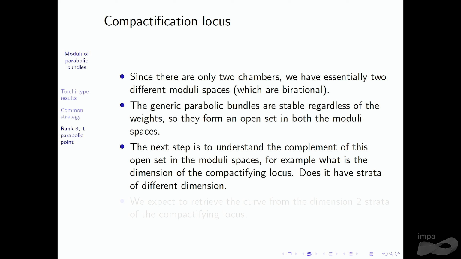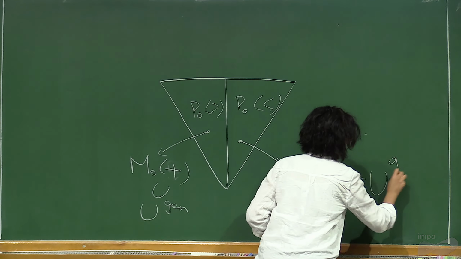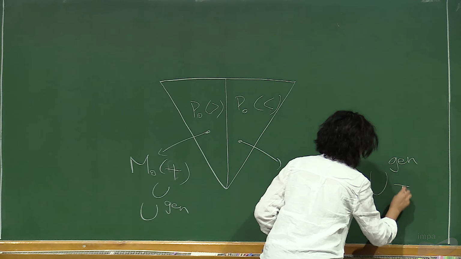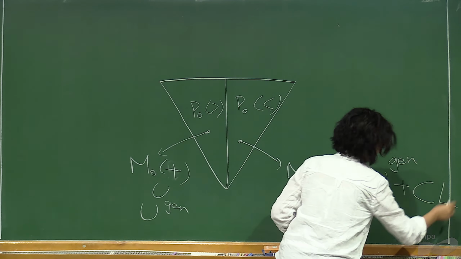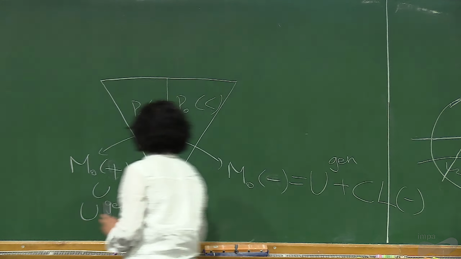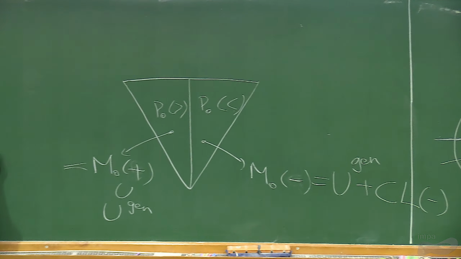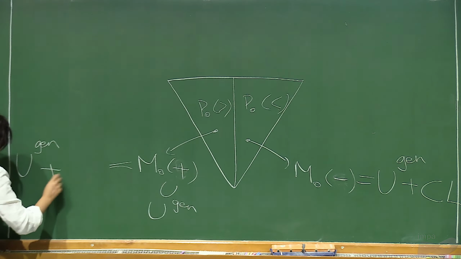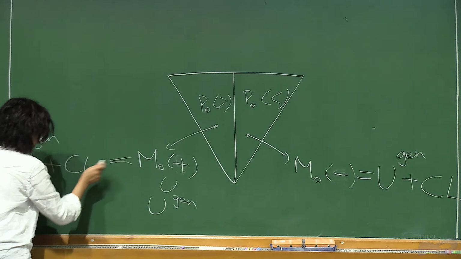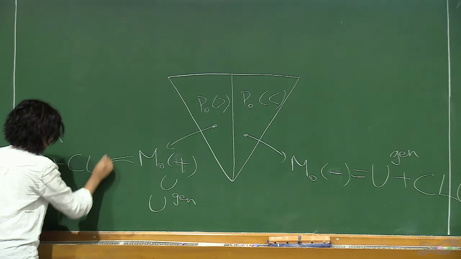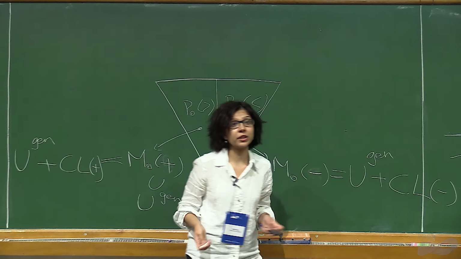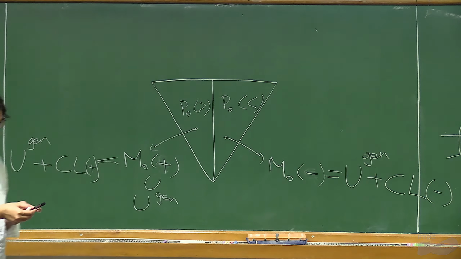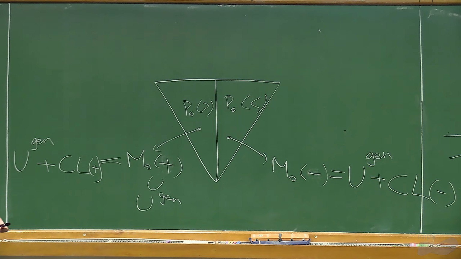So this one has the generic locus and the compactification locus plus, and this one also has the generic locus and then the compactification locus minus. So what is in the compactification locus plus and what is in the compactification locus minus? This is what we are right now trying to understand.